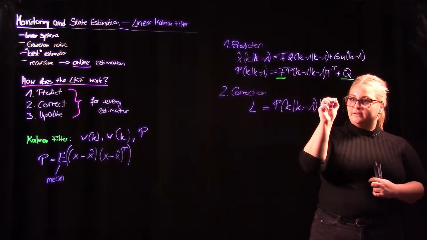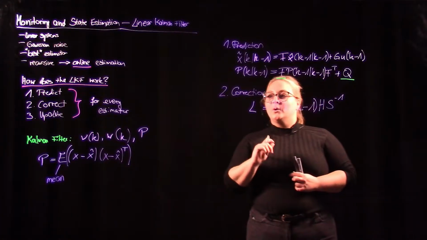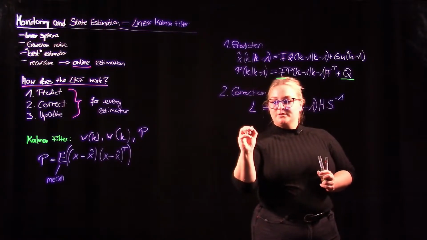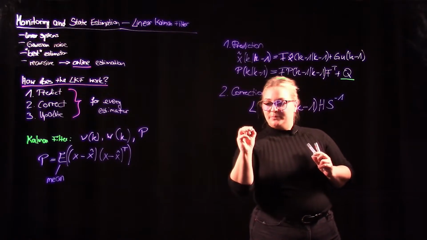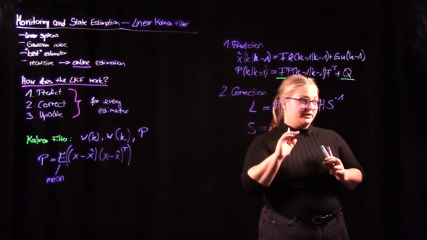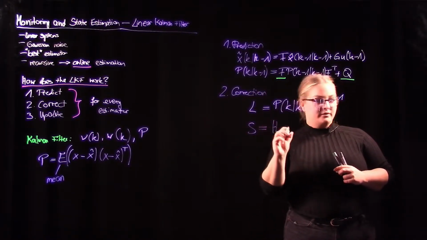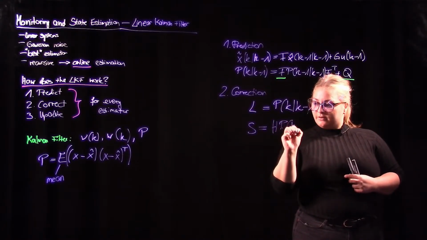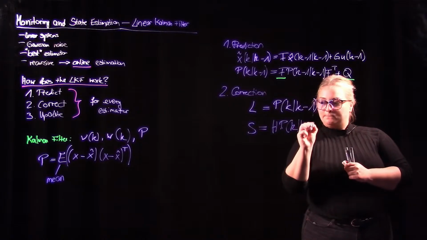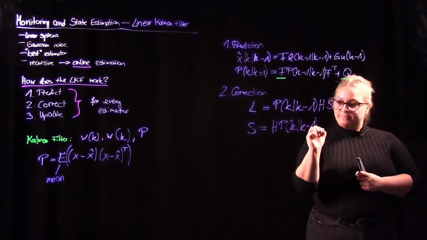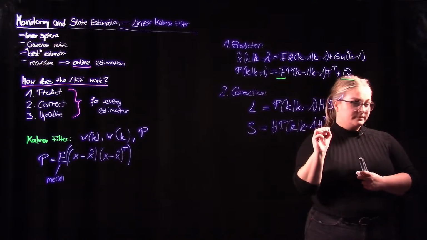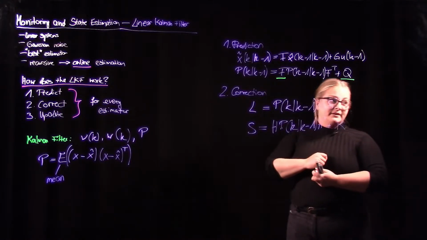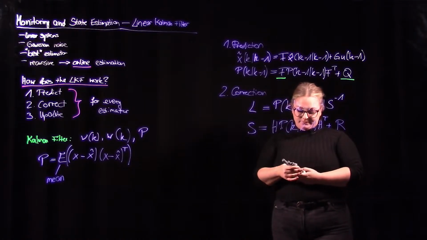And S. We call this S just for notational purposes only, as this makes it easier to write this all up. S we calculate again from H, our covariance matrix, and R. R here is our measurement error.